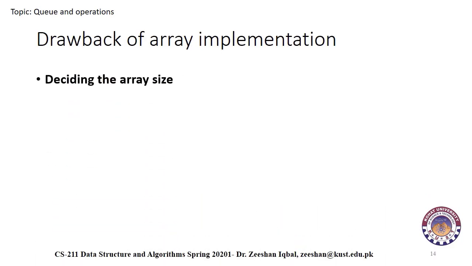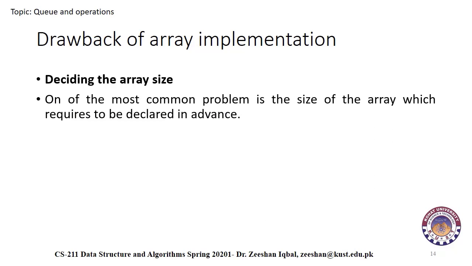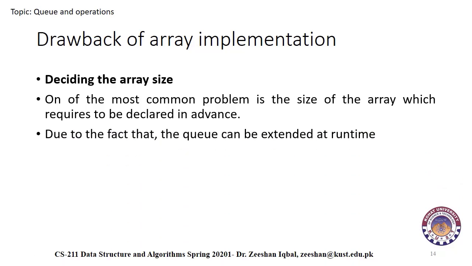That much of space is wasted and can never be used in the future. Another drawback of array implementation is deciding the array size. One of the most common problems with the array implementation is the size of the array, which needs to be declared in advance. Due to the fact that the queue can be extended at runtime depending upon the problem, the extension of the array size is a time-taking process and almost impossible to perform at runtime, since a lot of reallocation will take place.